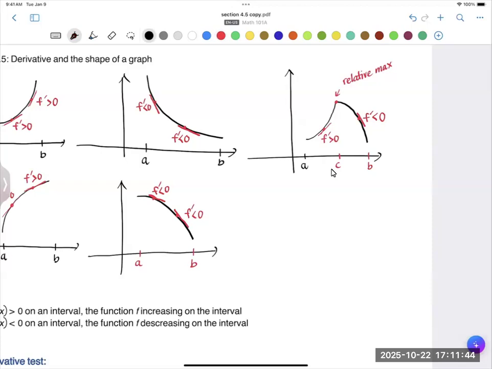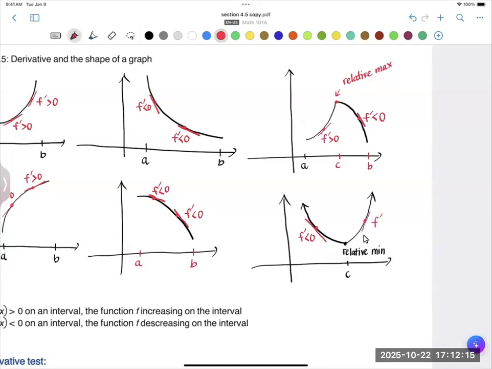If I have the other one, let's say it looks like this, you can see there's a relative min right here. Look at the slope, or the derivative, on both sides of that value. If I pick a point on the left, my slope is negative, and if I pick a point on the right, my slope is positive.